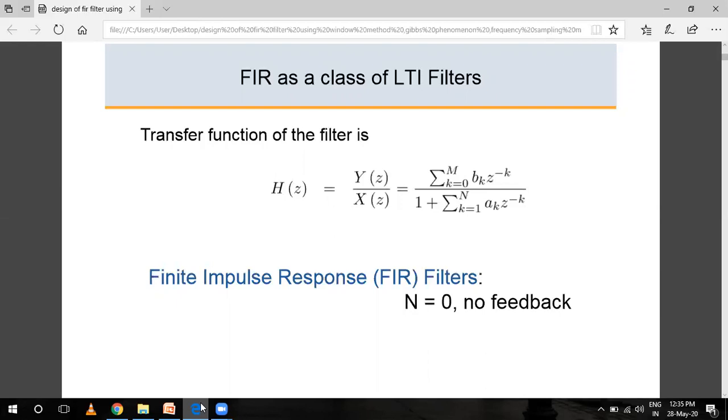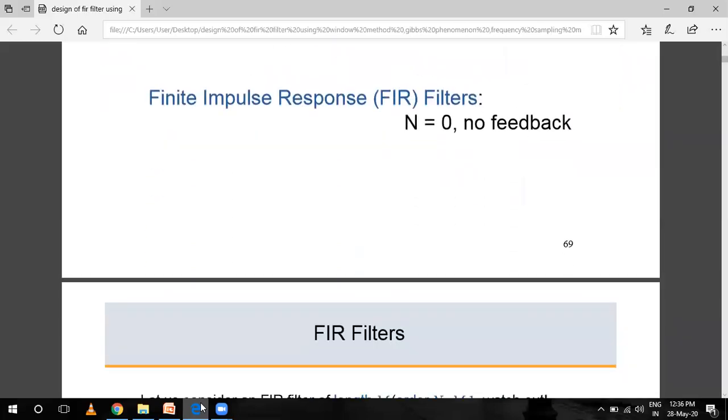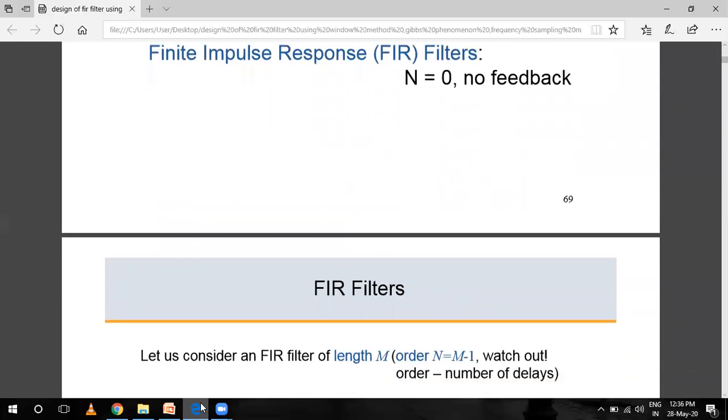First of all, when we are talking about the FIR filter, that is finite impulse response, the transfer function of the filter is H(z) = Y(z)/X(z), which is equal to the summation of b_k z^-k, k = 0 to M, upon 1 plus the summation of a_k z^-k, k = 1 to N. The finite impulse response of the FIR filter has N equal to 0, no feedback.